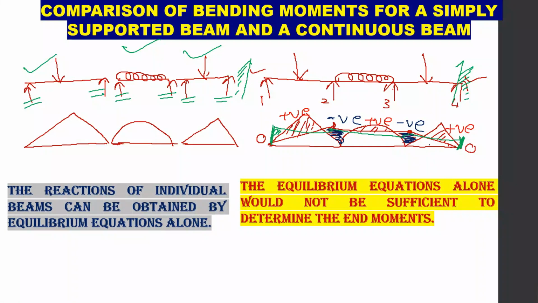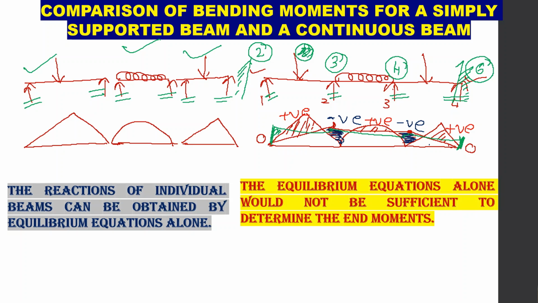But what is the case for the continuous beam? The number of unknowns is 1, 2, 3 and 4. Suppose it is fixed, you will have 2 at the fixed support, one at the simple support, another one at the simple support, and 2 at the fixed support.